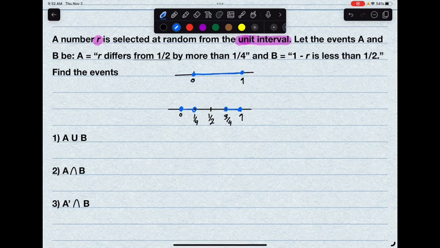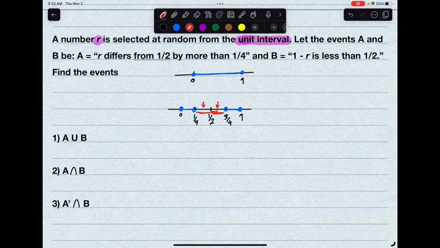So you can see any number we pick in this part, you will see its distance to 1 over 2 is less than 1 over 4. Because here is 1 over 4, here is 1 over 4, and the distance we need is more than 1 over 4, so the number R cannot be from 1 over 4 to 3 over 4. And so it should be between 0 to 1 over 4 and 3/4 to 1.